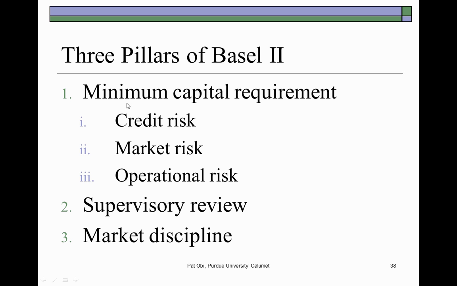But back to pillar number one, what it prescribes is that the minimum capital requirement, which is the minimum amount of capital that the owners of the bank should have, should not only reflect the credit risk of the activities of the bank, credit risk meaning the risk of default on a loan by the borrowing customers, as we have shown in the illustrations, but also should reflect the market risk associated with the bank's other financial transactions, such as engaging in the sale of stocks, bonds, etc. I will talk about these some more a little later.